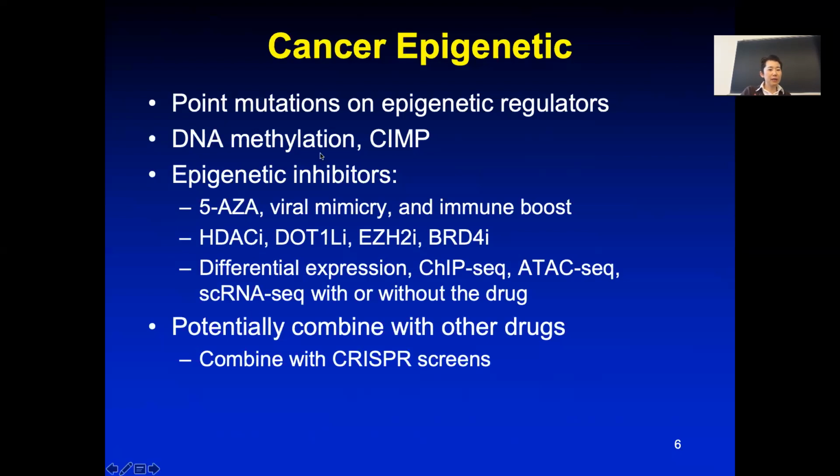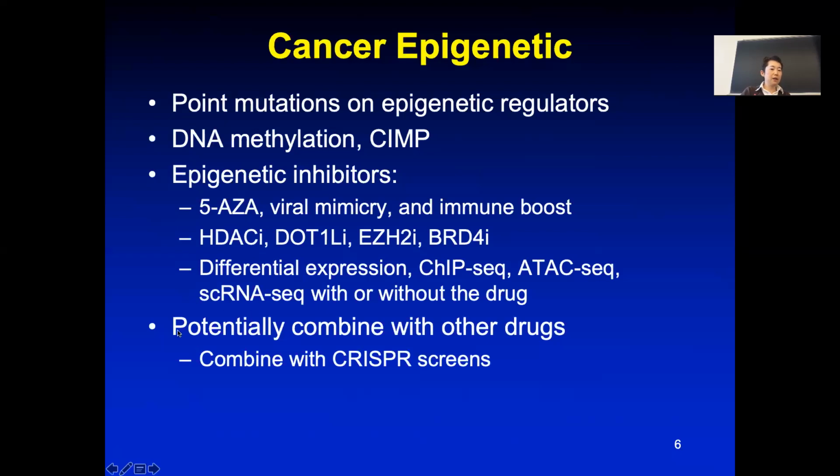So in order to really understand what those epigenetic inhibitors are doing, people are using differential expression, ChIP-seq for these different factors, and looking at histone marks, whatever the relevant histone mark is for what these drugs are targeting. They're using ATAC-seq, and you might also be using single-cell RNA-seq with or without the drugs, right?